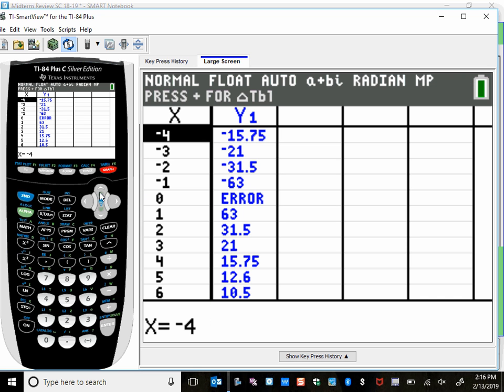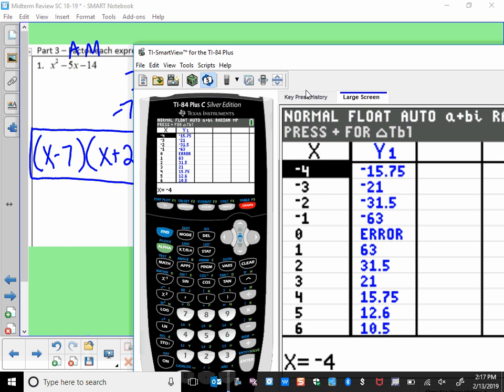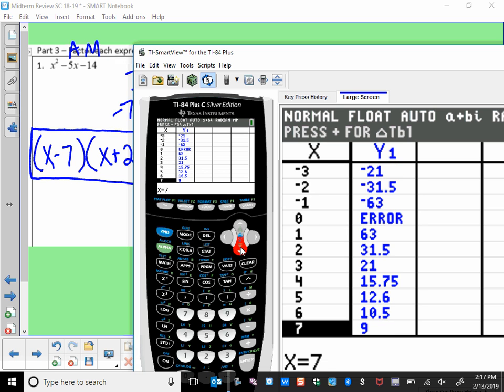Now, we need two numbers that add to give us what? 16, right? So let's see here. I'm going to scroll. 9 and 7. So I'm looking at all of these, and most of these right now, nothing adds up to 16.